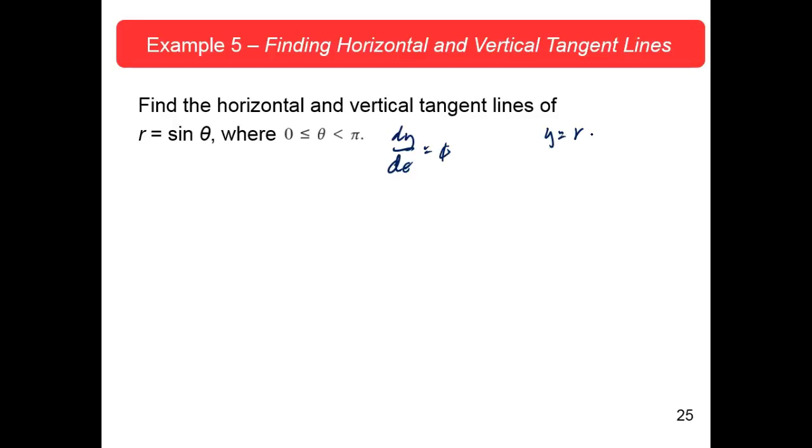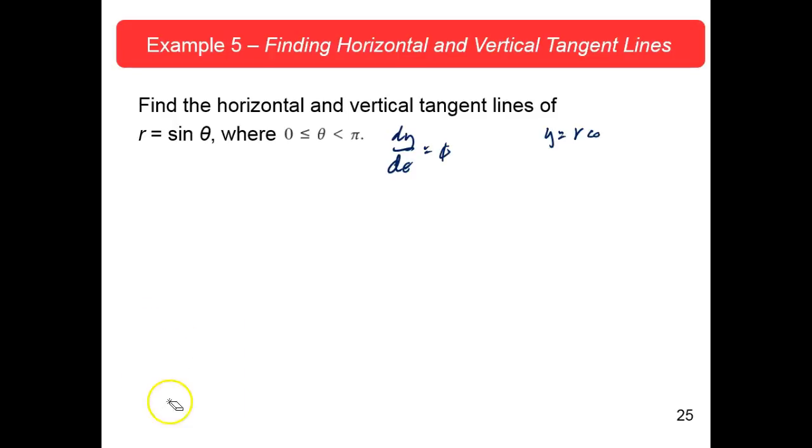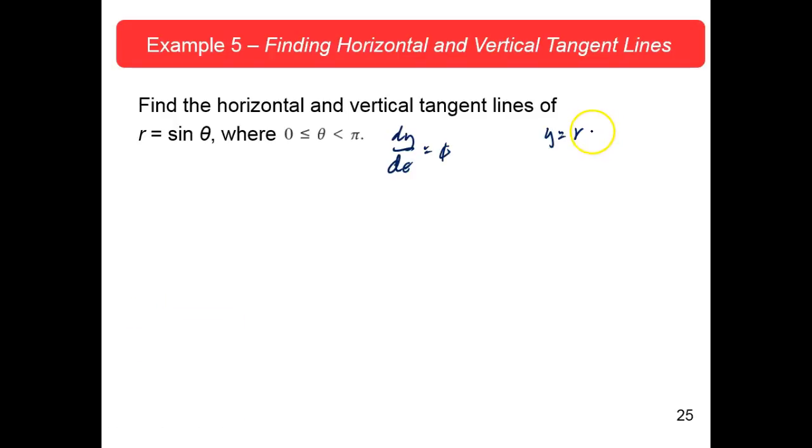The conversion equation, you might say. Is it r squared? Not yet. We're going to be at r squared in a minute. Y is equal to r sine theta. I'm used to doing x first, but since we're doing y first, y is always r sine theta.